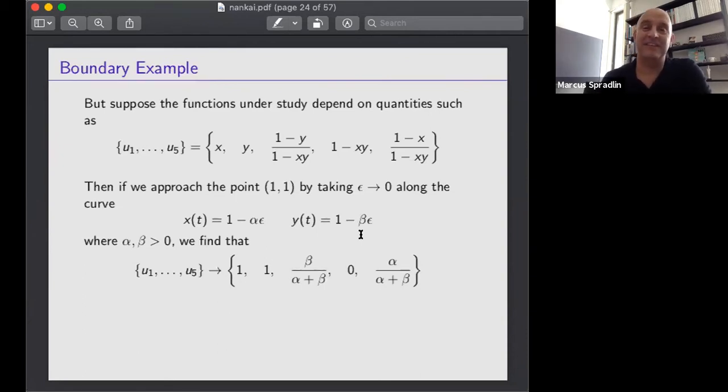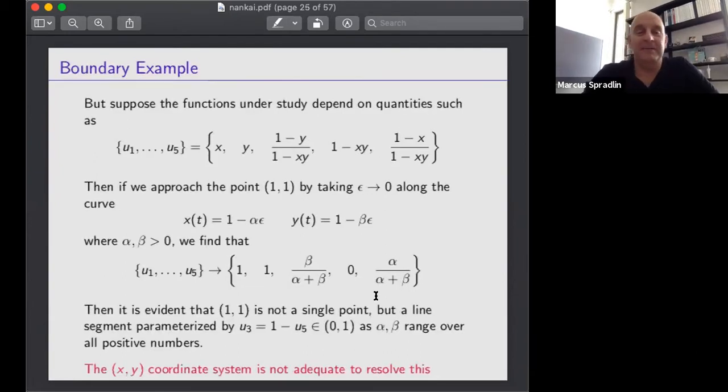And if you shove this into the definition of the u variables at the top of the page, and then take the limit, you'll find that 2 of the u variables approach values that depend on your choice of alpha and beta. So in other words, what you thought was a point 1, 1 actually looks different depending on what angle you approach that point from. So this makes it manifest that 1, 1 is not a single point, but a line segment parametrized by the value of either u3 or u5 as alpha and beta range over all positive numbers.